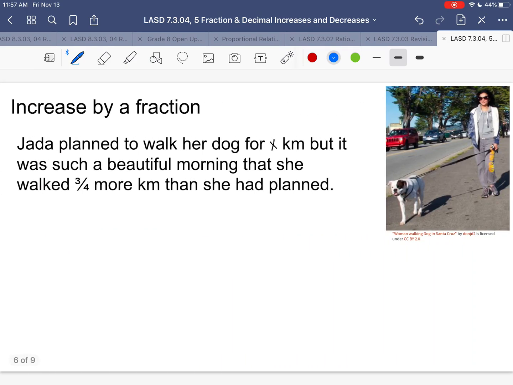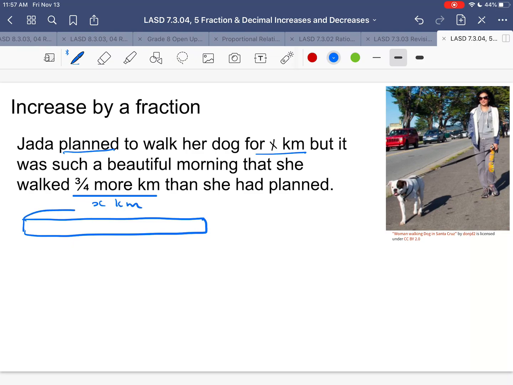So increasing by other fractions, so we could say here she planned to walk for x kilometers, but then she walked 3/4 more than she had planned. So we can draw a tape diagram like this. This was her planned walk, x kilometers. And we want to see what 3/4 more would look like. So let's get this into fourths.